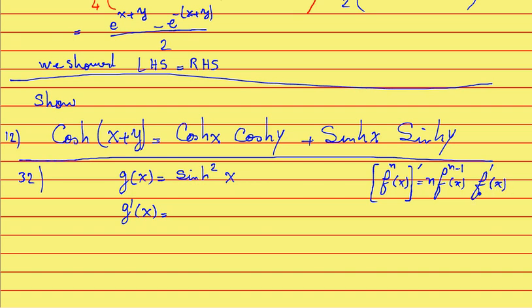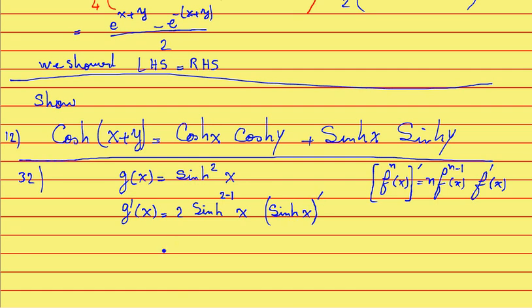What happens here? This exponent comes in front, the function is going to be written to 1 less than the old exponent, so that was 2, we have to lower it one notch, it becomes 2 minus 1, which is just 1, and then derivative of the base sine hyperbolic of x has to be differentiated.